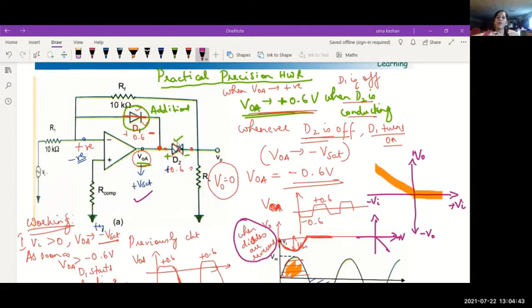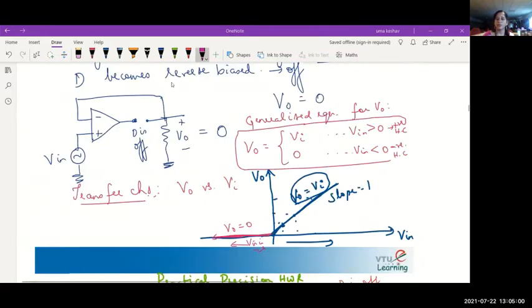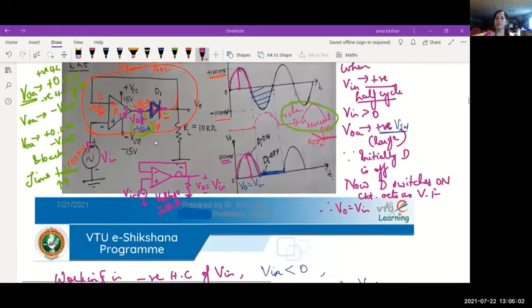If I want a smaller voltage change, the transition at the output VOA will happen faster. That's the main reason why we use this diode D1. Is that clear? Even without D1, it still works. If you use a single diode, like we saw in this first circuit, it still works. The only difference is that the time taken is longer.